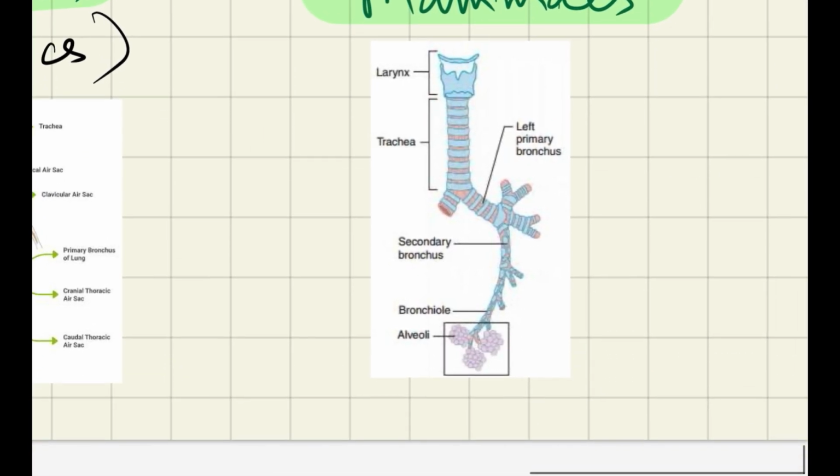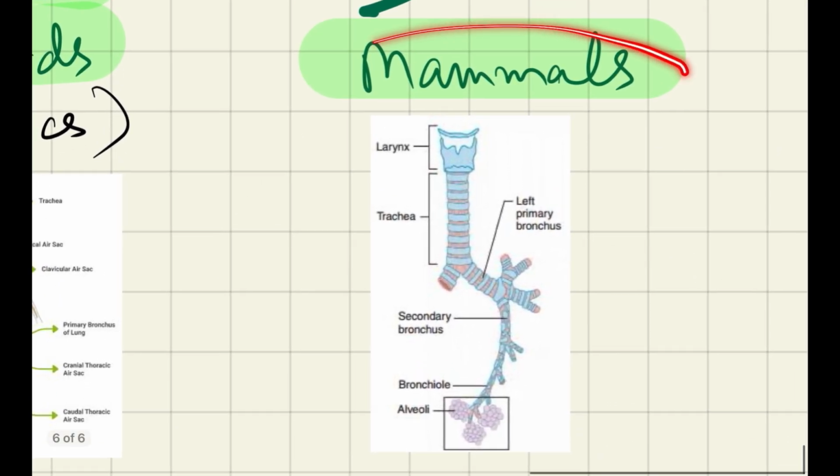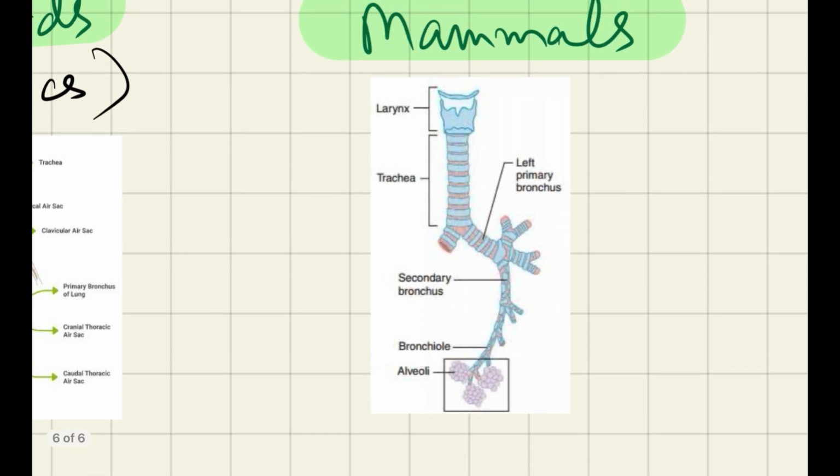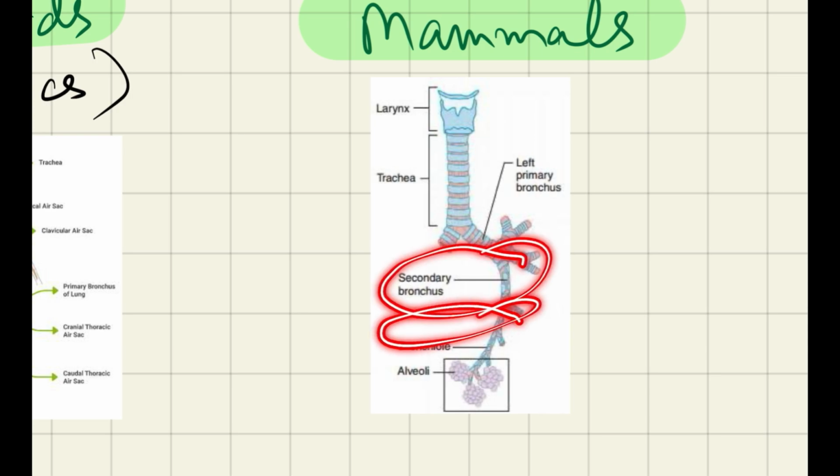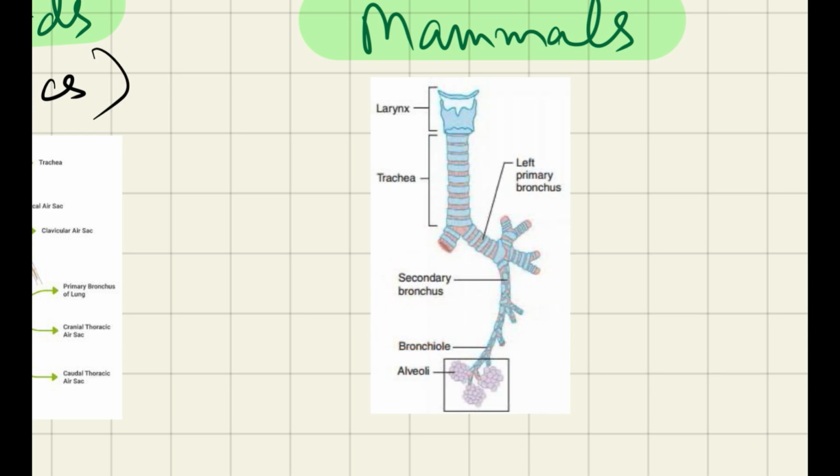Then there is the final case of mammals. In mammals we see the highest complexity of the lungs. Here there is the trachea, which divides into left and right primary bronchus, then secondary bronchus, then bronchioles, and finally through various steps there are various alveoli, which are sac-like structures, and they are vascularized.